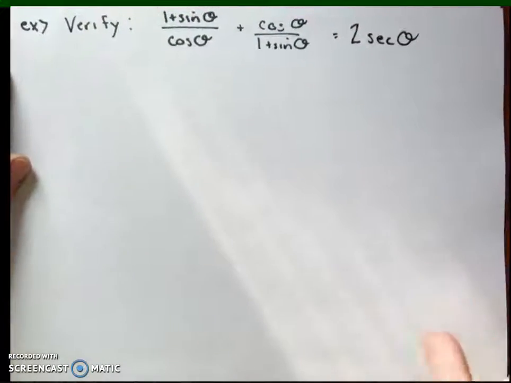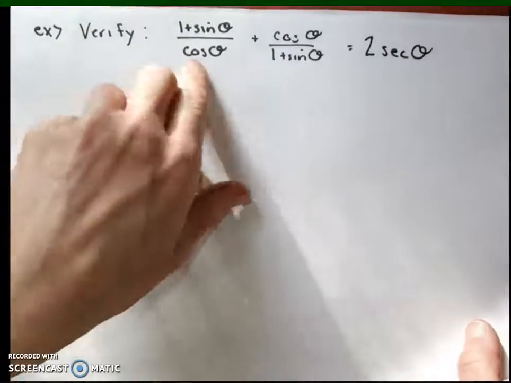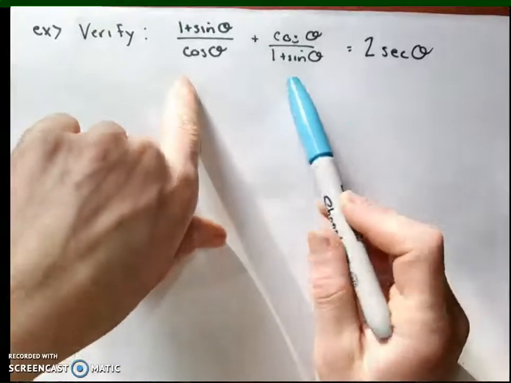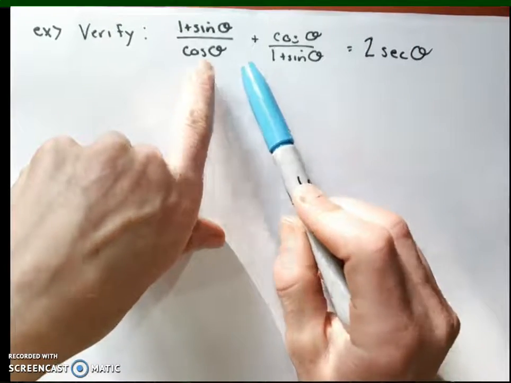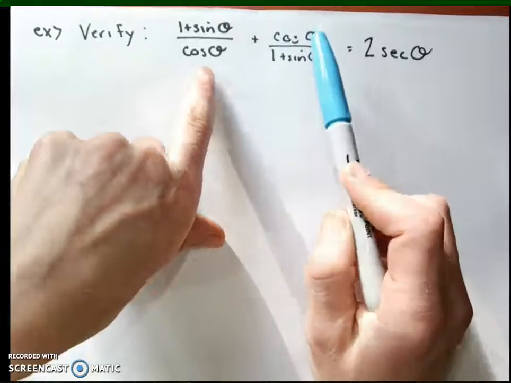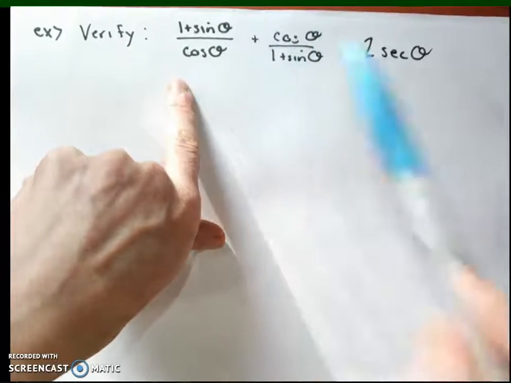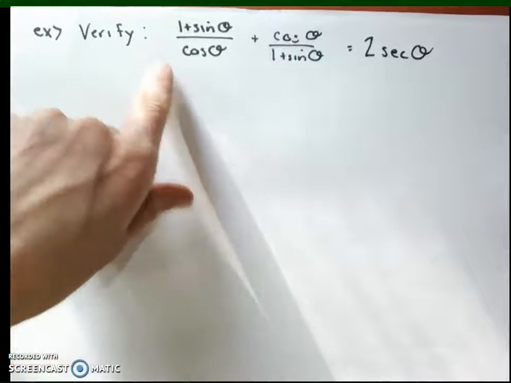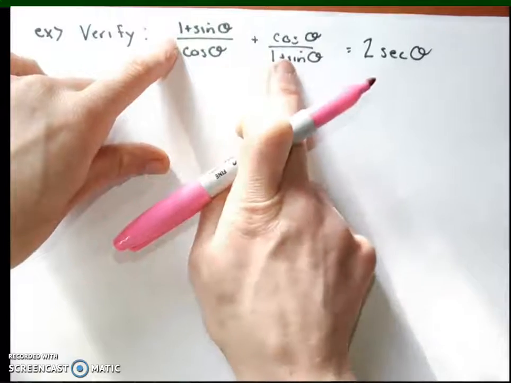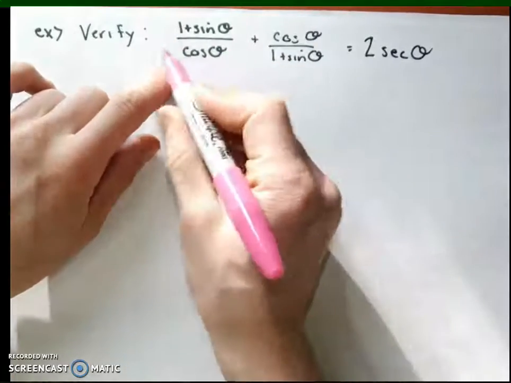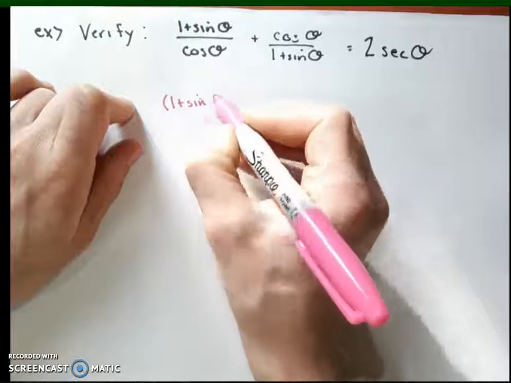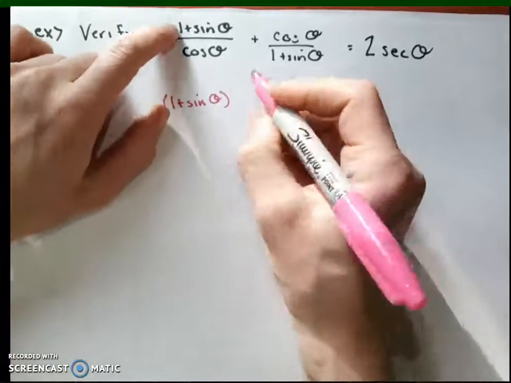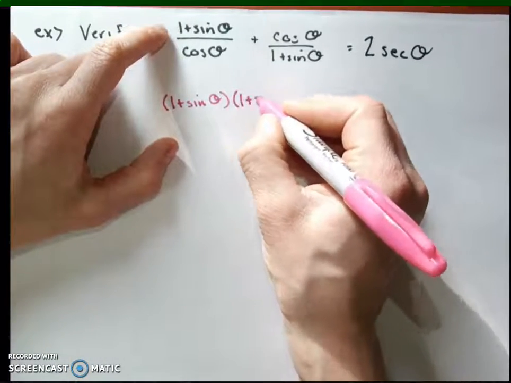So the grand finale. We've got two different terms, and we're supposed to try to combine it into just 2 secant x. So clearly this one is the more complicated, and I need to get a common denominator. So the first thing I'll do is multiply this one on top and bottom by 1 plus sine theta, so I can get that in the denominator of this term. So I get 1 plus sine theta on top and bottom times 1 plus sine theta.